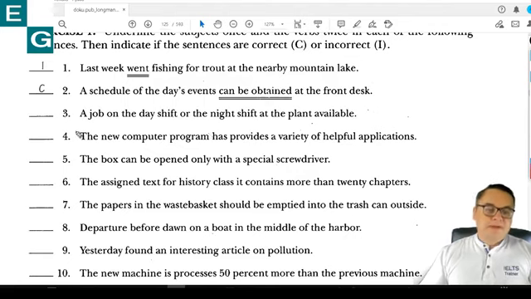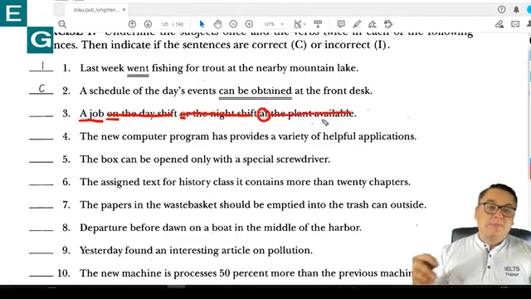Number 3. I have identified my subject, a job. This is a preposition, so I don't need the day shift, or it's a conjunction. I don't need what I'm having there. It's not really important, so I can say or the night shift at the plant available.